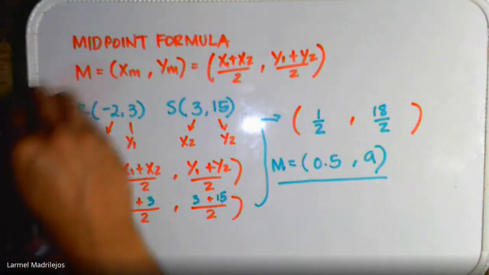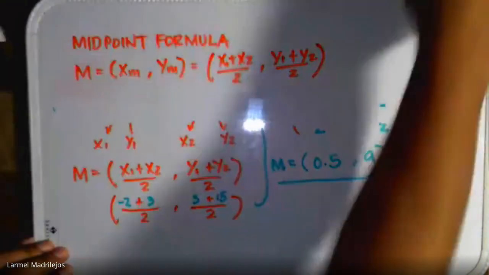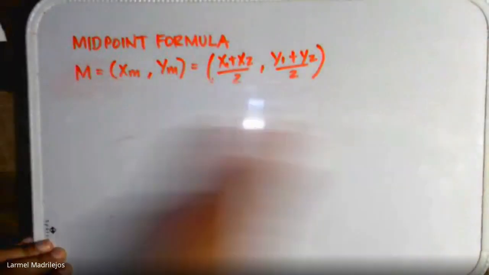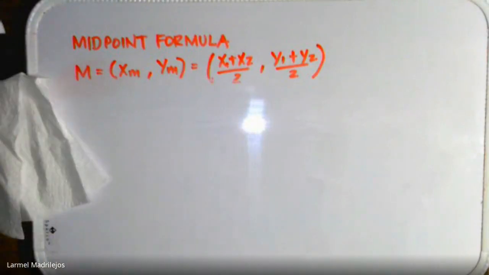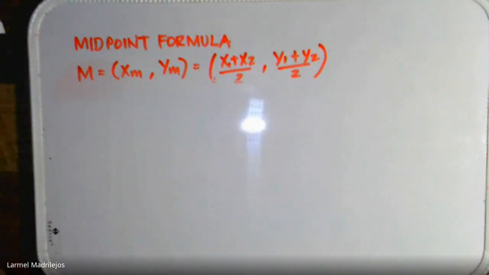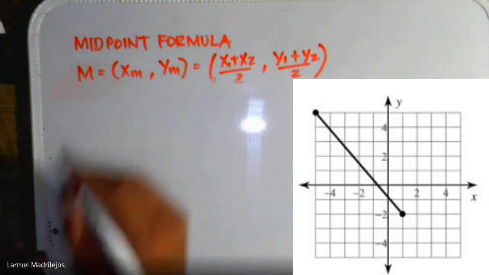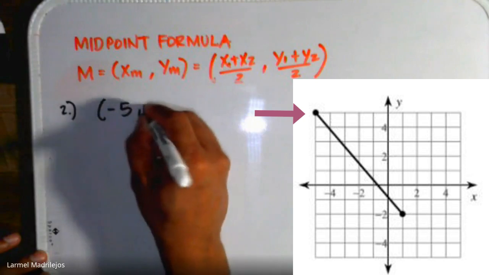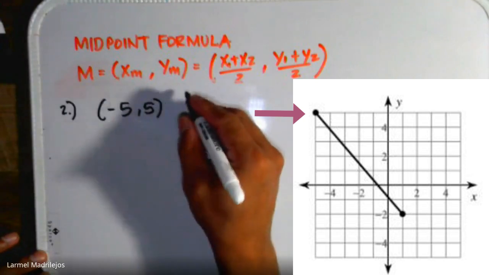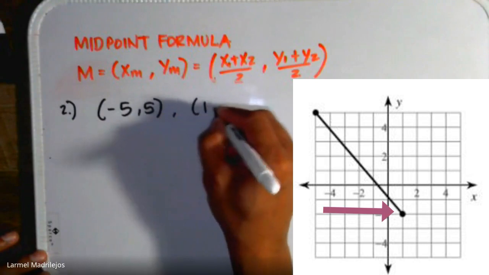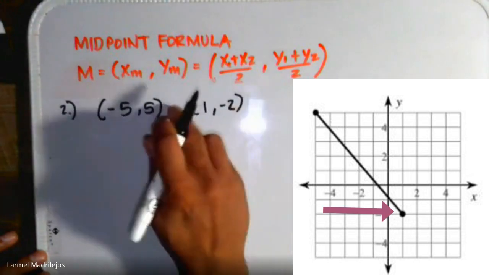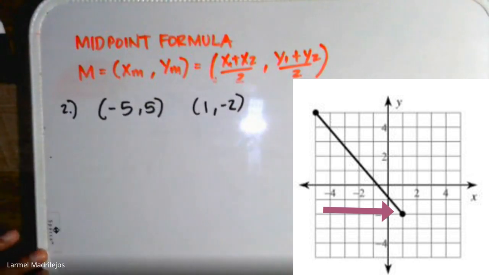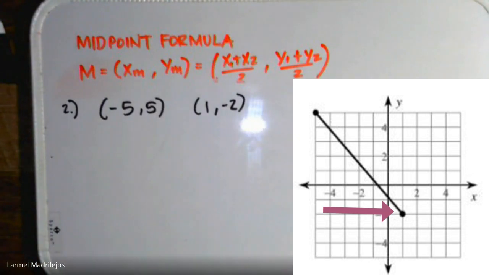Example number 2. I'm going to use the same problem that we had in distance formula. Example number 2 is going to be negative 5, comma 5, and 1, negative 2. So we have two coordinates here.